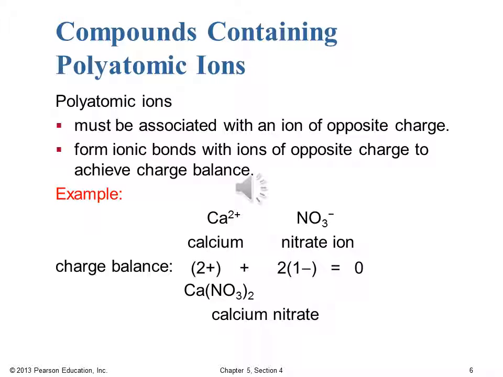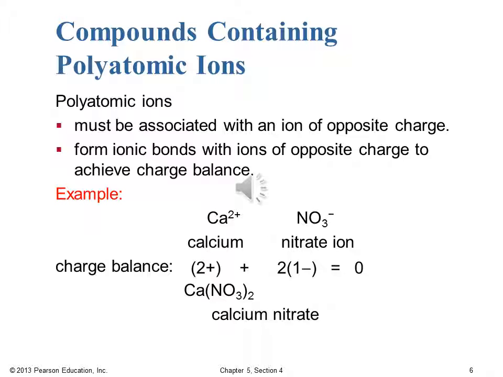Alright, so having polyatomic ions present doesn't really change our overall process for figuring out an ionic compound. The polyatomic would have to have an oppositely charged ion, either a single ion or another polyatomic. So as we said, NH4 plus, the ammonium ion, is really the only positively charged polyatomic we deal with in the course.